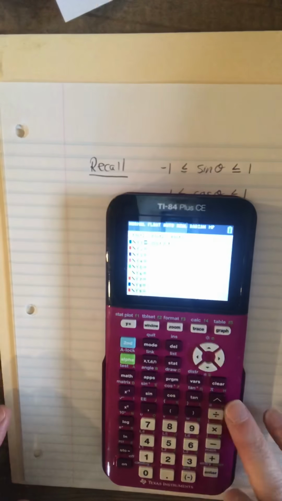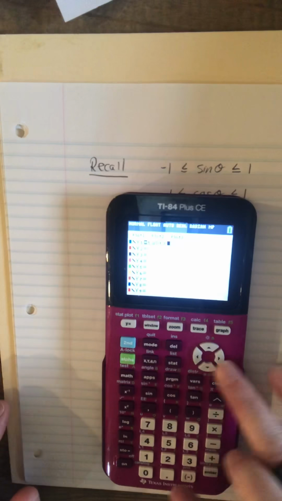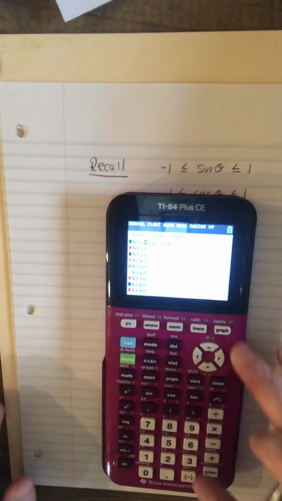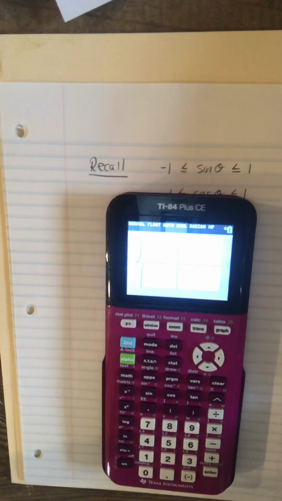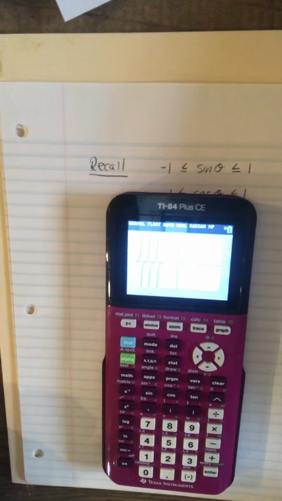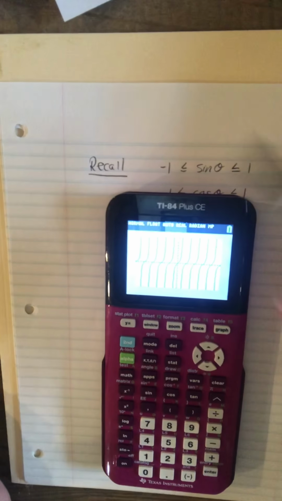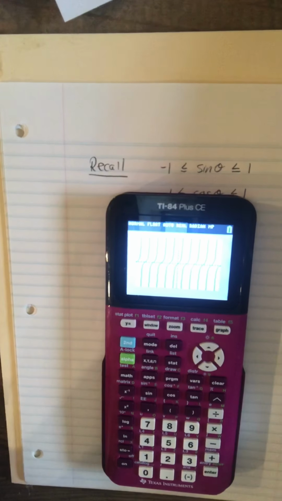Now tangent, we did not graph, but I want you to just take a look at what the tangent graph would look like for a second. Just so you understand something, the tangent does not have a min or max, but the tangent does have an infinite amount of asymptotes. So the tangent does not have a min or max, but it will have x values where it is undefined.